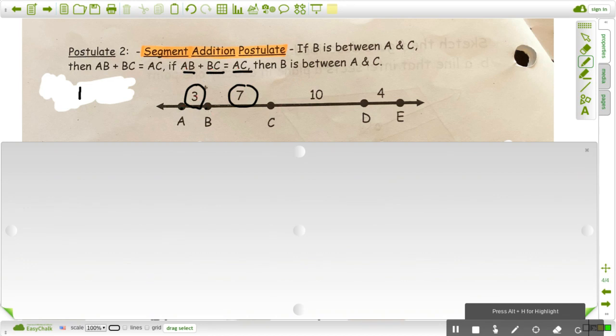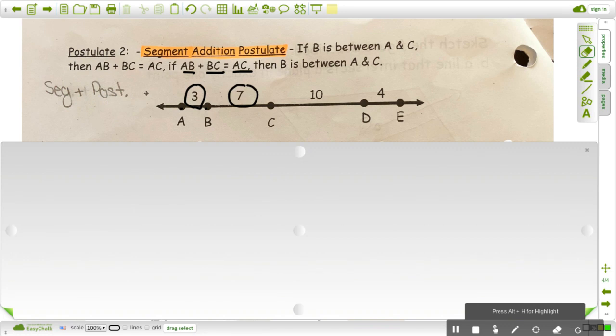So what this is saying is the length of A to B, the distance from A to B, plus the distance from B to C, is basically the distance from A to C. That's really simple, as you can see.